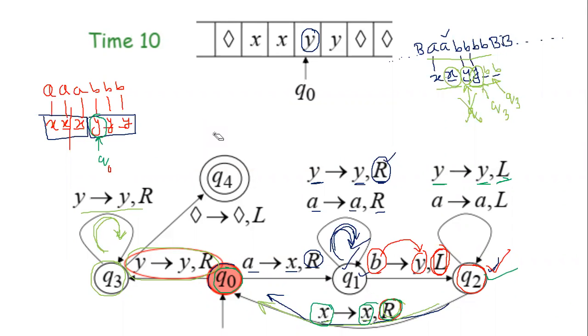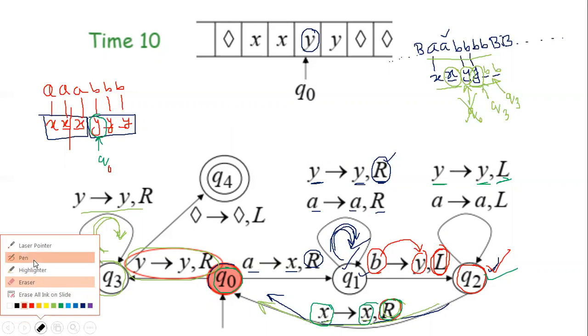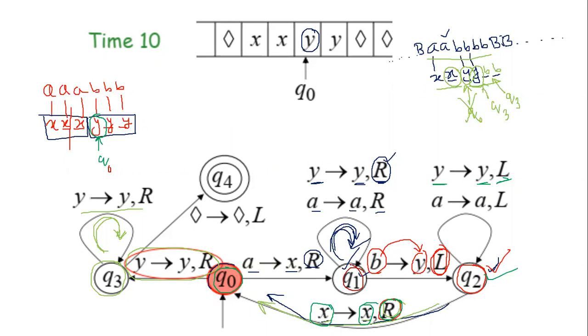If you are in Q0 and you got a Y, what does it mean? It means there was not a single A which you have converted to X. Because if you encountered Y after converting an A to X, you must be in this Q1 state, not Q0 state. After converting at least one A to X, you will go along this path.